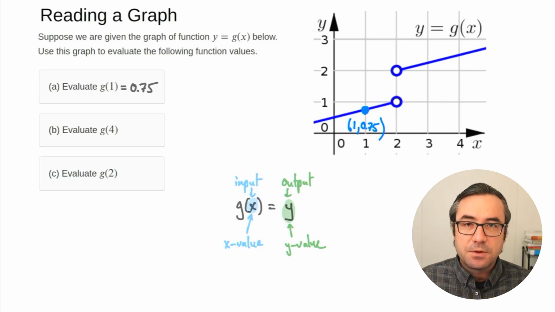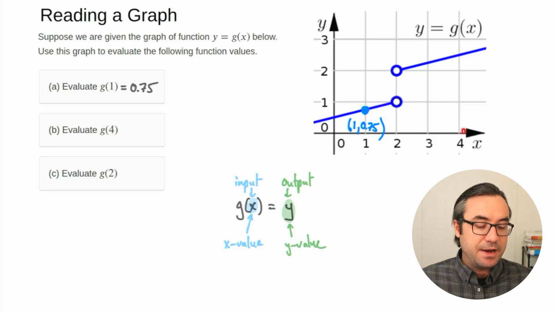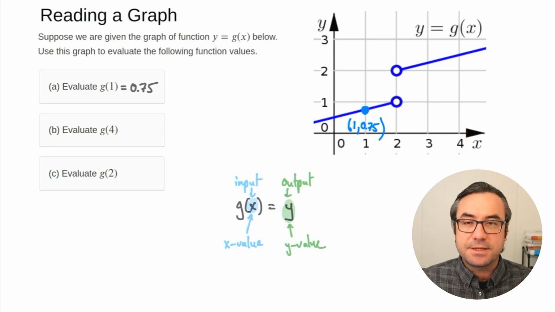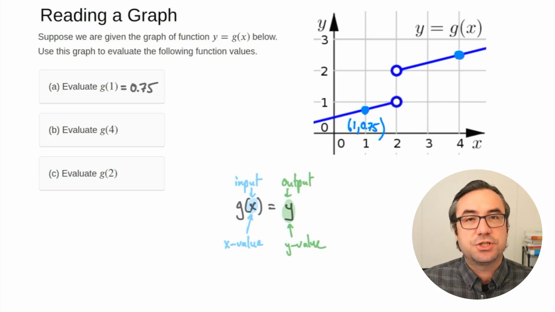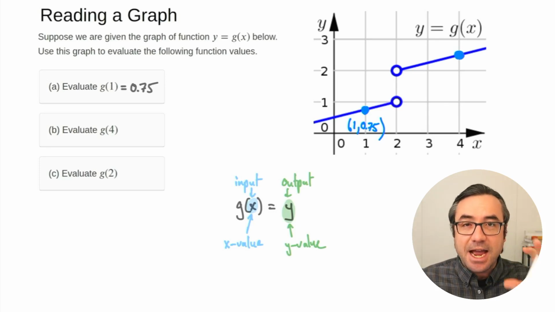All right, let's play that game again, but this time for an input of 4. Again, we find x equals 4 along the horizontal axis. We look up and down until we see a point that's on the graph. And I see that point right there. I'm going to enlarge it just to show the detail that it's actually part of our graph. Then we want to figure out the coordinates for that point.